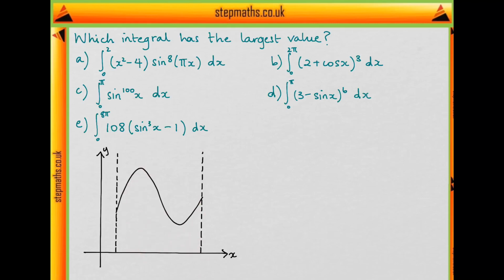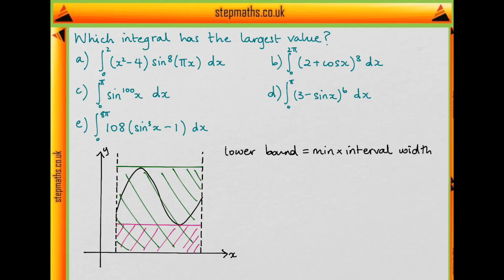And if we were trying to find a lower bound on this area, then if we took the function to be equal to its minimum value everywhere over this interval, then this area would be a lower bound. And if we were trying to find an upper bound, if we took the function to be equal to its maximum everywhere over this interval, then this green area would be an upper bound on that integral.